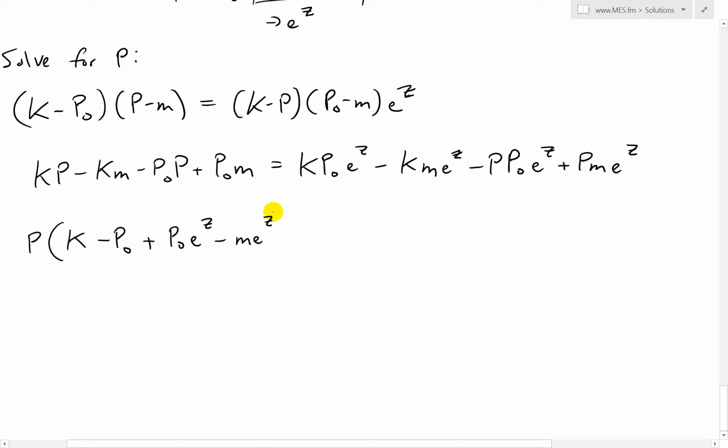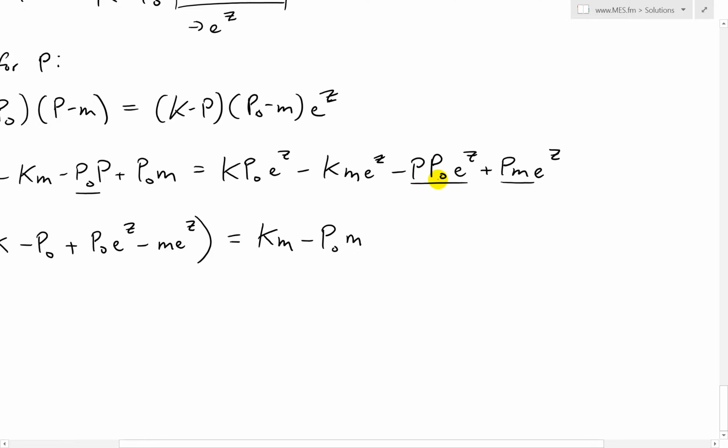And now the next step is to move all of the terms that don't have a p inside onto the right side. The ones that we moved out were these with a p. So the only ones we're left with from the left side are this positive Km, so moving over, it's going to be positive Km, and this one's going to be negative p0 m.